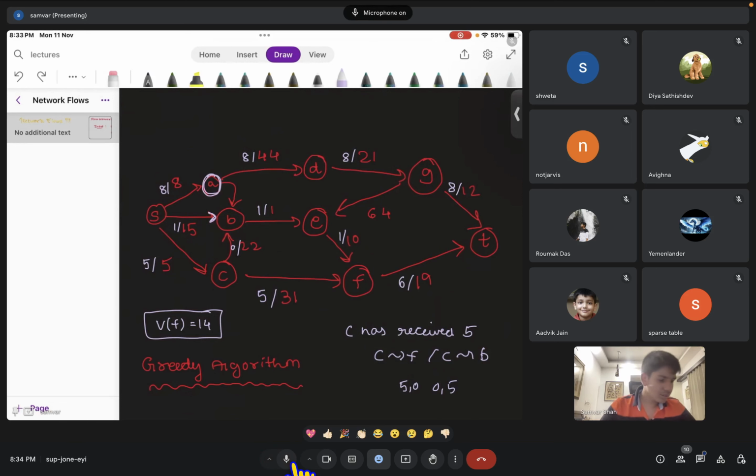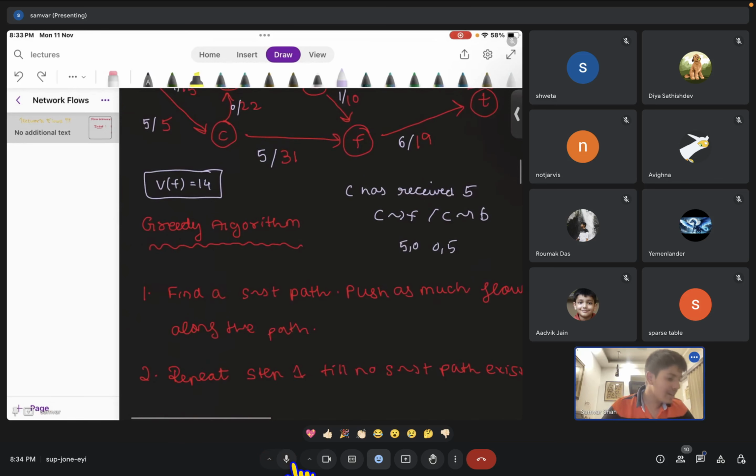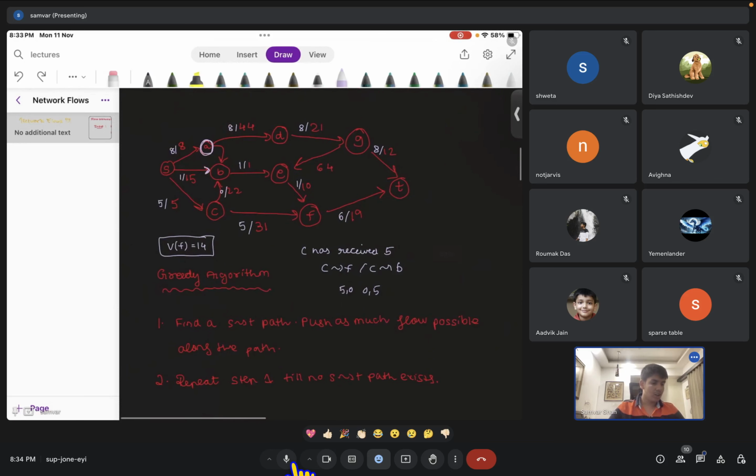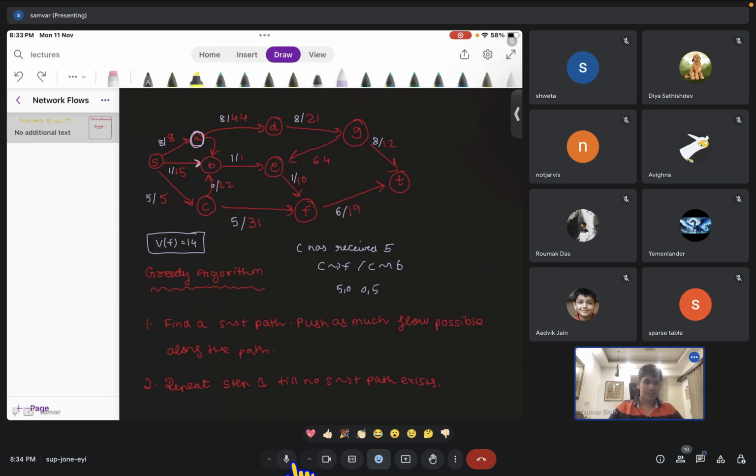Okay, so the greedy algorithm is: find an S to T path and push as much flow as you can along the path, and just repeat till there is no S to T path. Does it make sense? What we did here was we found an S to T path. We pushed as much flow as possible.